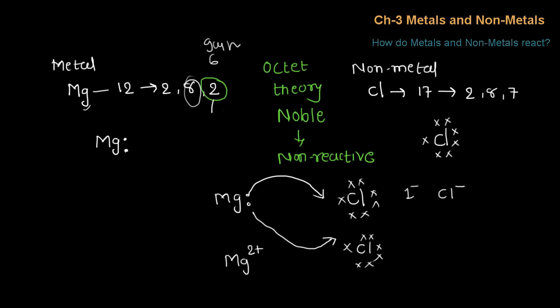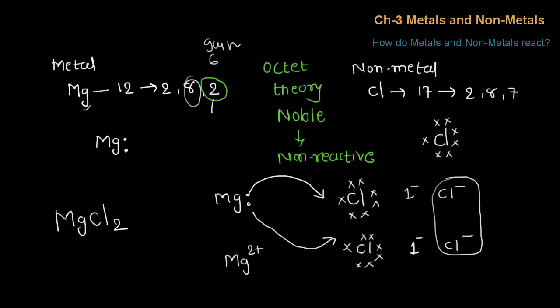Here this chlorine is gaining 1 electron, so we can write Cl minus. And this chlorine is also gaining 1 electron from magnesium, so it will have a negative charge, Cl minus. There are 2 Cl minus ions. We can say that MgCl2 will have no charge.